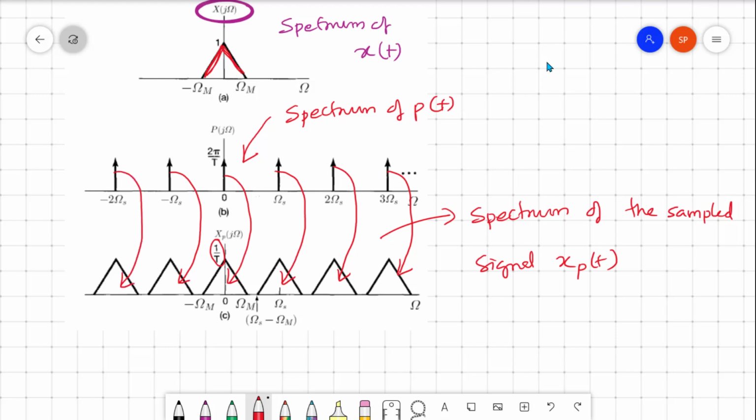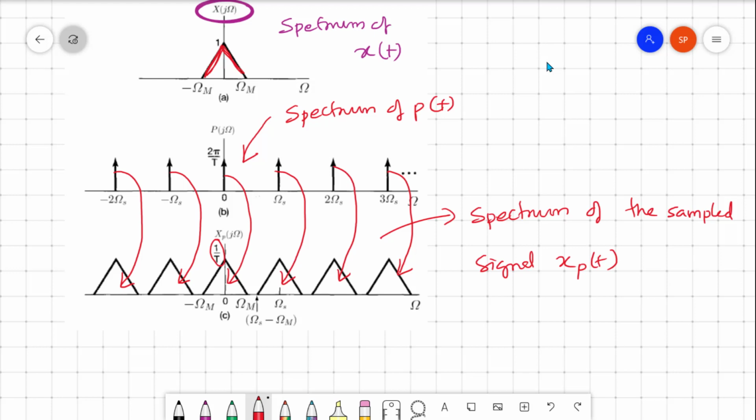Wherever the impulses appear in the spectrum of p of t, that is P of j omega, at all those locations our original signal spectrum will repeat, or replicas will come. So that is the meaning of the derivation which we have seen.